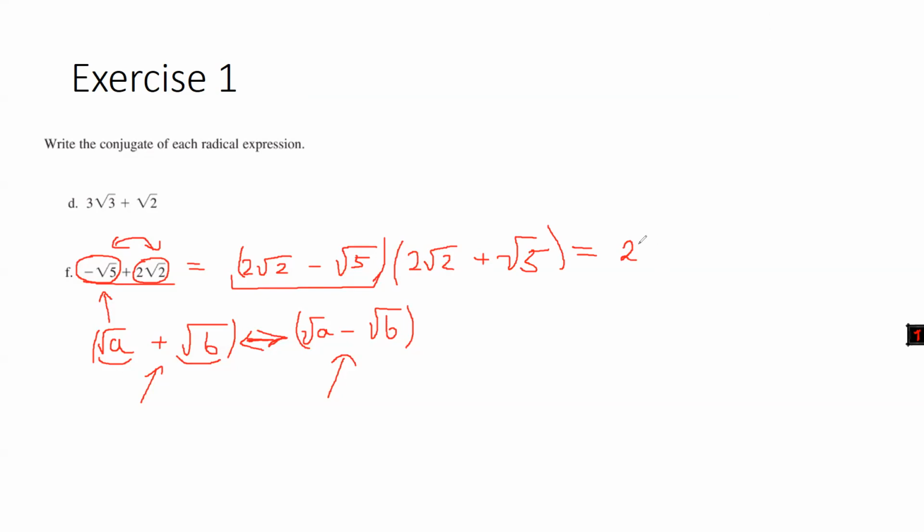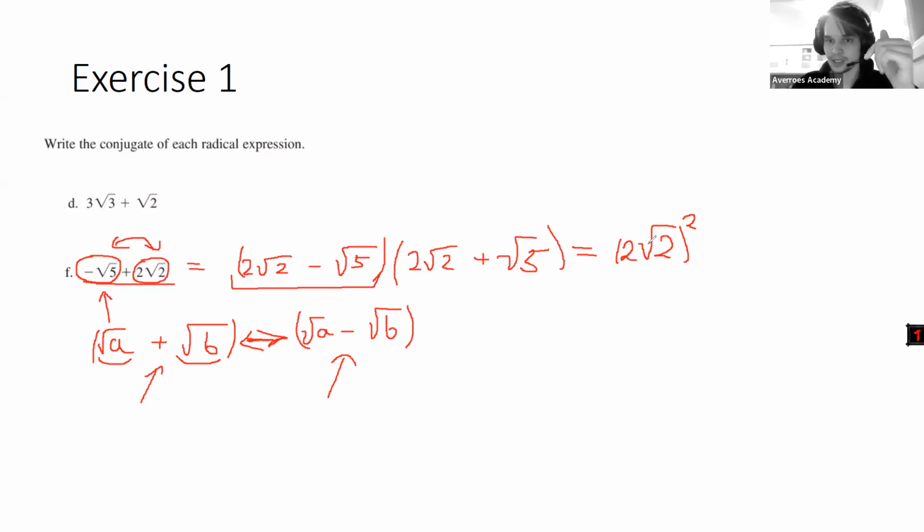Just like simplify. So next step, we can skip this step if you can do it in your head. So 2 times square root of 2 taken to the second power is pretty easy. It's 2 times 2, plus square root of 2 times square root of 2.